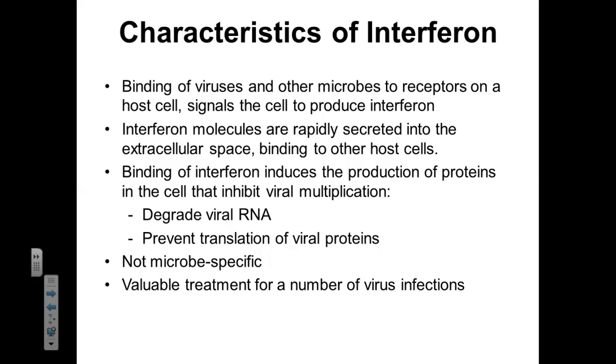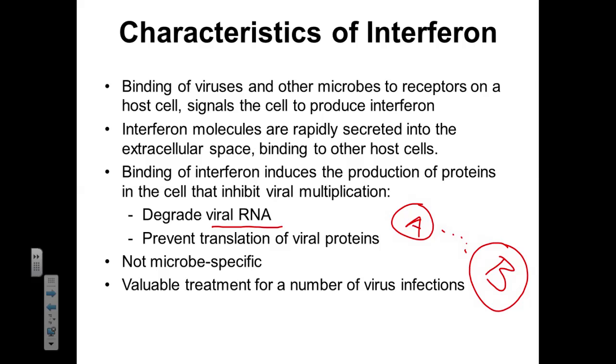If we have cell A, so we'll have a cell infected with a virus, that cell will emit interferons that travel next door to the adjacent cell and help that adjacent cell B be able to degrade and destroy any viral RNA that gets into it. And if we destroy the viral RNA, then we're not going to be able to translate any viral proteins in the adjacent cells.